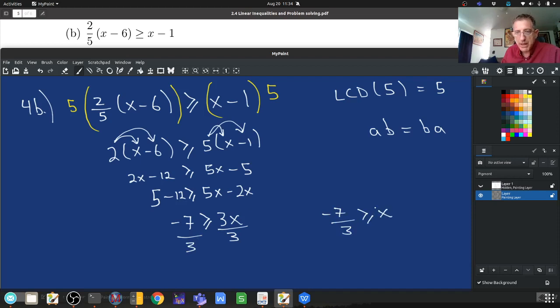And I should be writing these in interval notation. I'm sure it asks for it. So here, minus 7/3 is greater than or equal to x. When in doubt, do a number line.